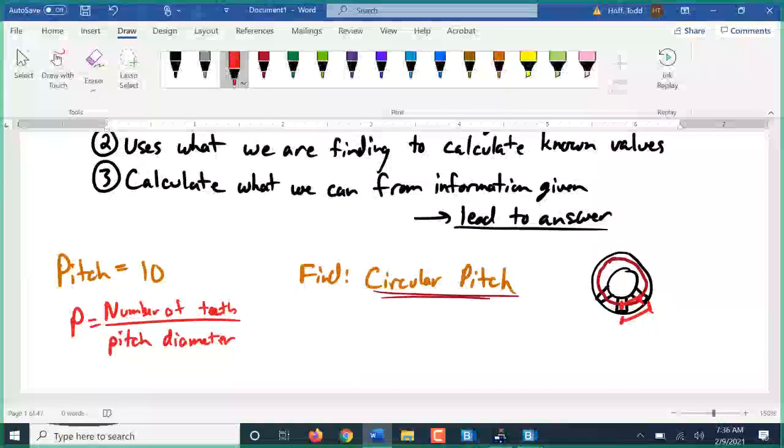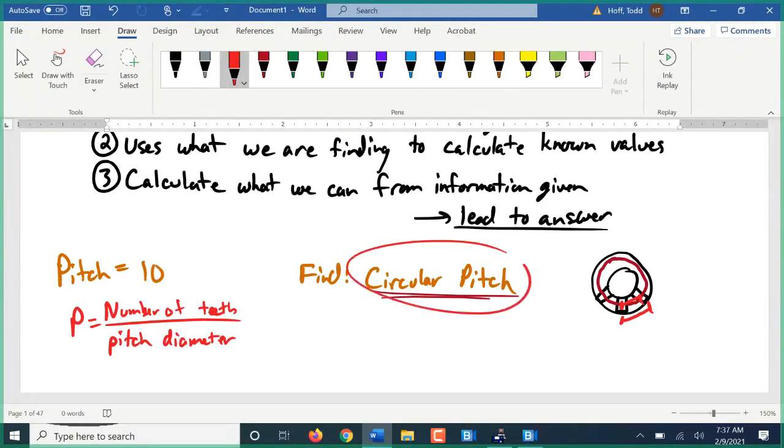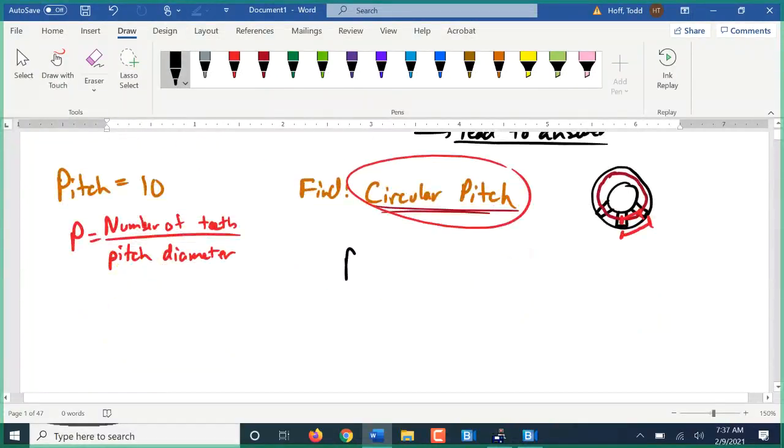So if we look up circular pitch and pitch, if we go to page 247, we find circular pitch, which is what we're looking for in that table, and it gives us two possible formulas for circular pitch. Circular pitch is abbreviated PC.